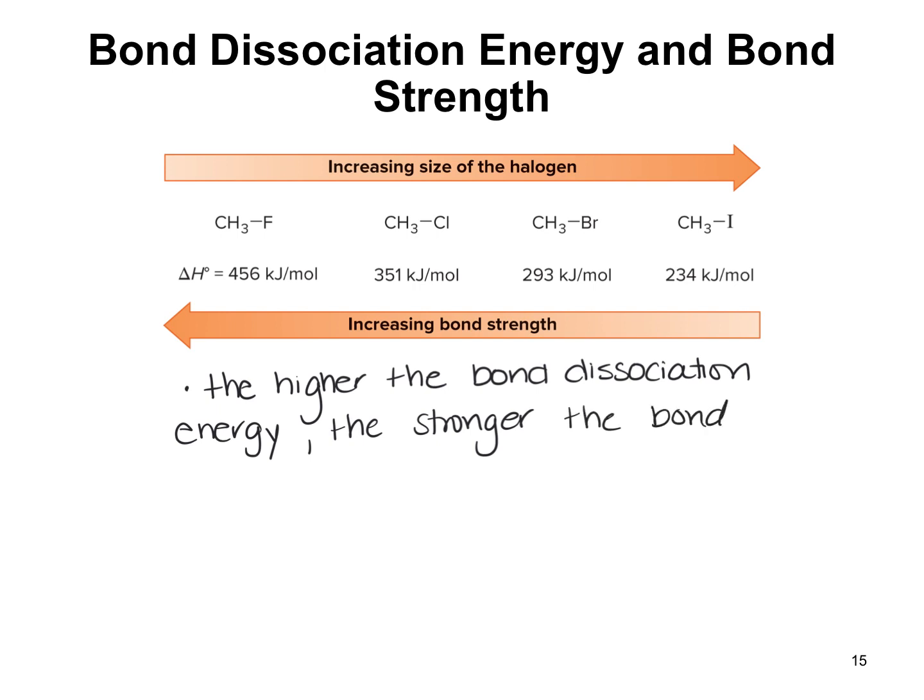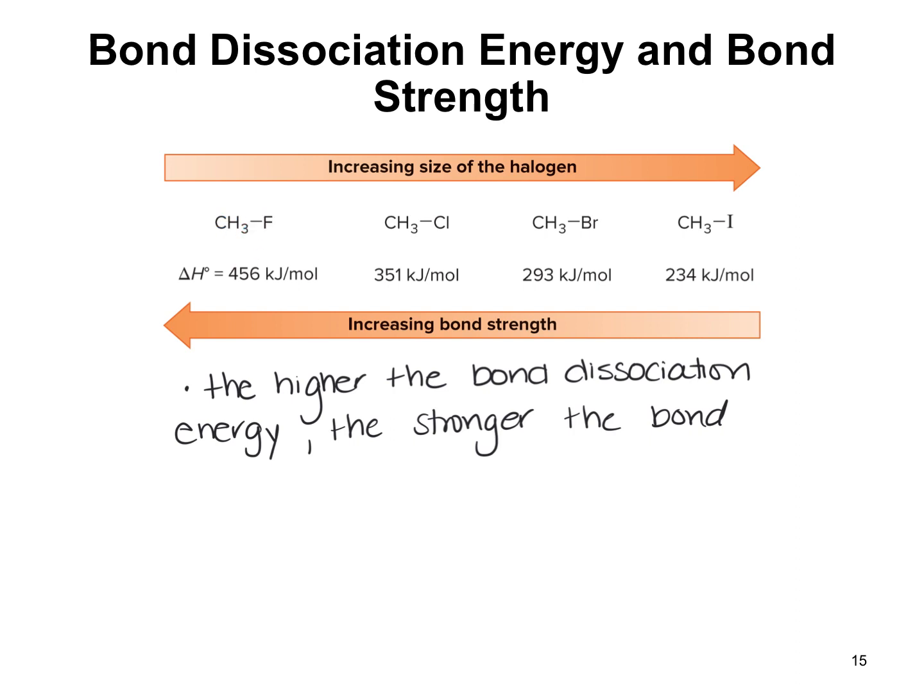So what we see here is increasing bond strength from a carbon-iodine to a carbon-bromine to a carbon-chlorine to a carbon-fluorine. And so that indicates to us that this bond here is going to be the strongest bond.